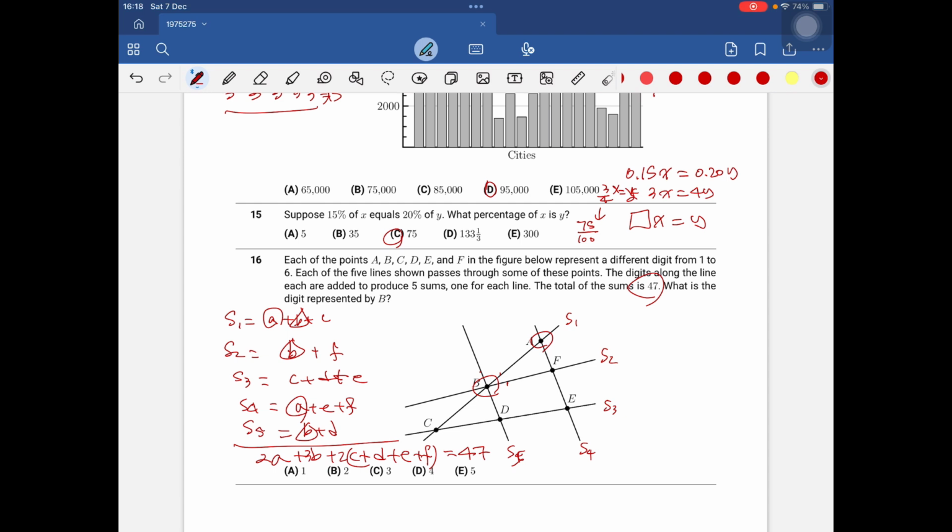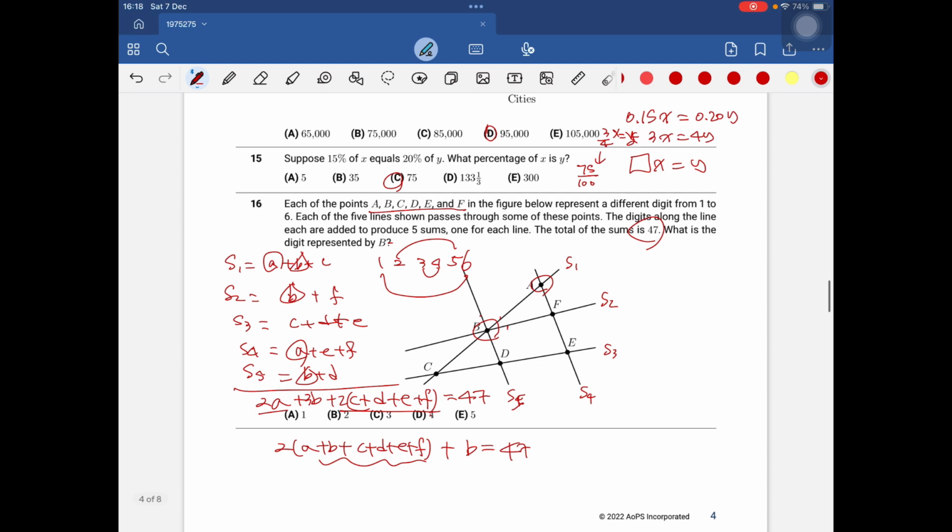So here, 2 times A, B, C, D, E, F, and we have another B, it's 47. But the numbers from A to F are 1, 2, 3, 4, 5, 6, which sum to 21. So 42 plus B equals 47. So B is 5.